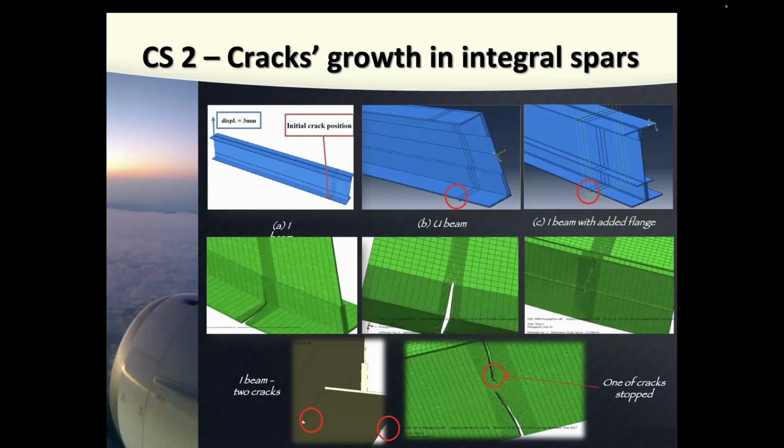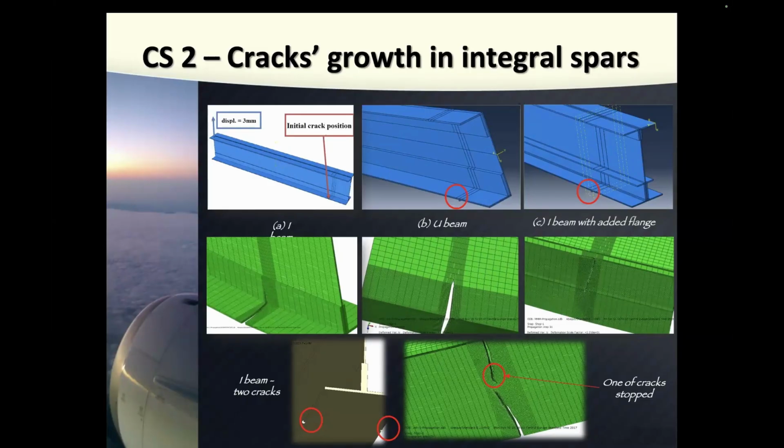Since we got 2 cracks in the original differential spar, here we initiated 2 cracks, one on this side and one on that side. What is interesting here is that they didn't meet. I mean, they grew. Why? Because this one stopped. Because pressure on the beam was such that the stress around this crack tip was compressional stress.